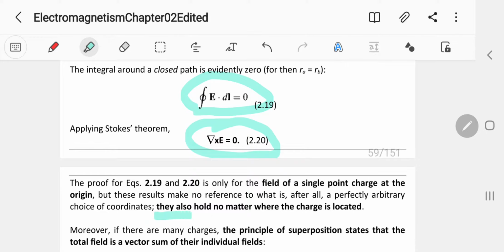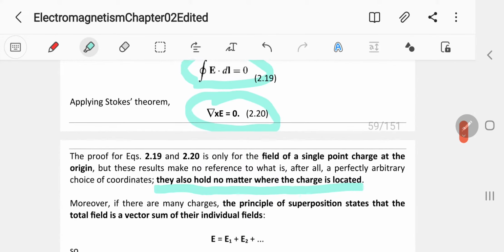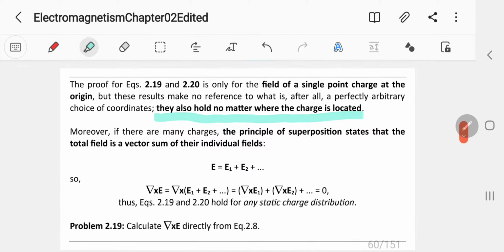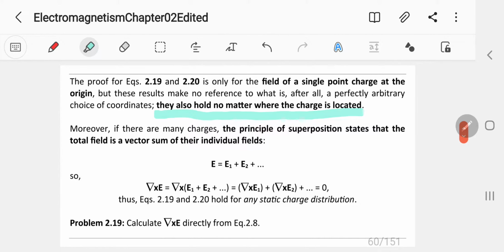So now, if there are many charges, each of these charges will give off an electric field, E1, E2, and so on.